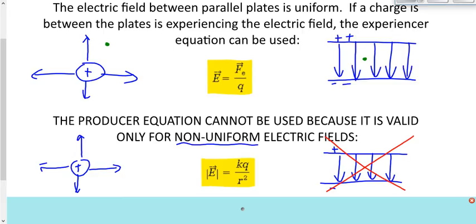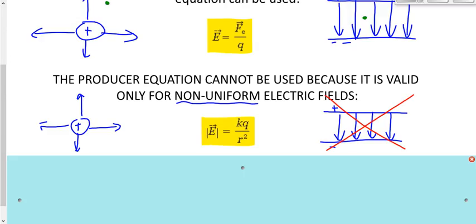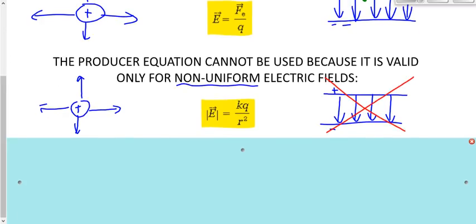If we can't use the producer equation for parallel plates, then we got to come up with a new equation that is like a producer equation, but for parallel plates. Let's say the non-uniform producer equation is what you see up there now. Let's come up with a uniform producer equation.